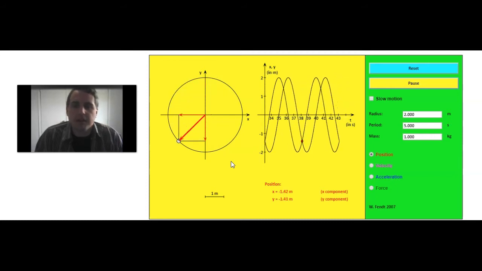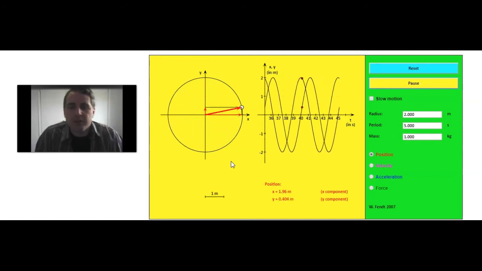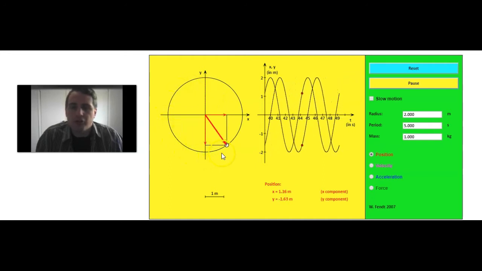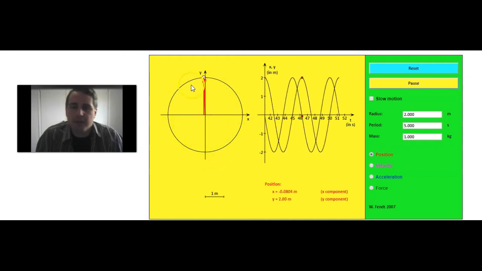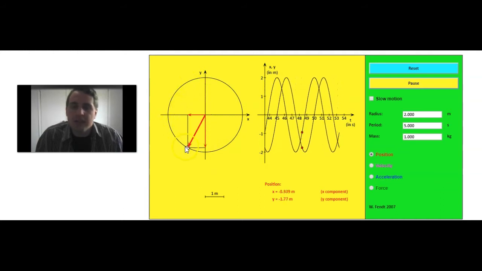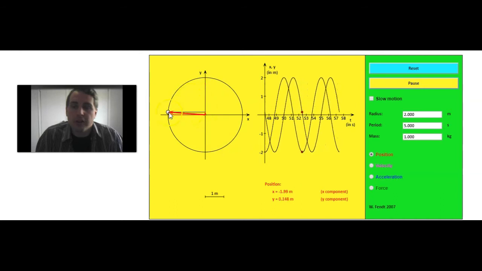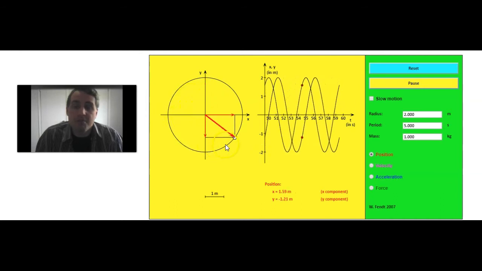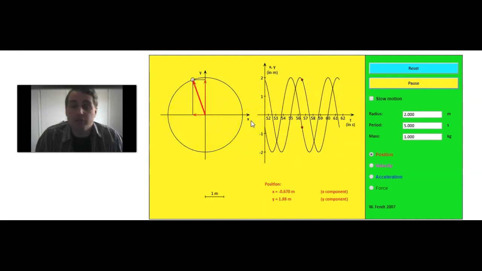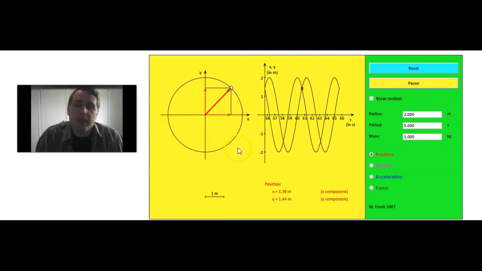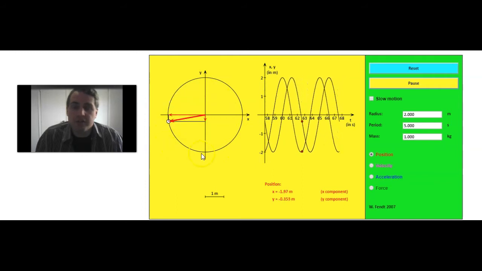All right, so let's just focus only on this uniform circular motion at a constant speed. Notice that the position vector from the origin remains at a constant magnitude, that is, a constant radius. And also notice that the rate of rotation is constant.